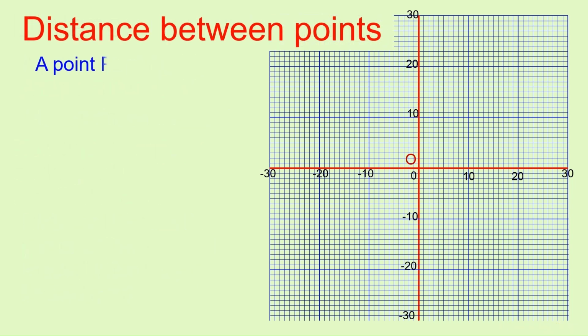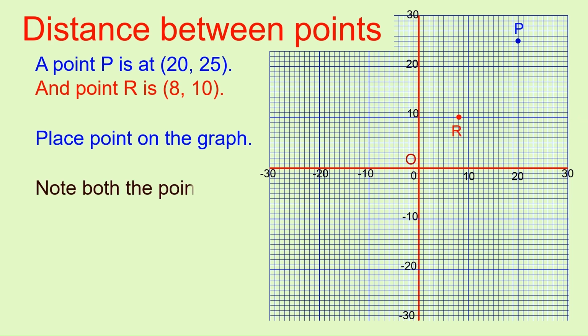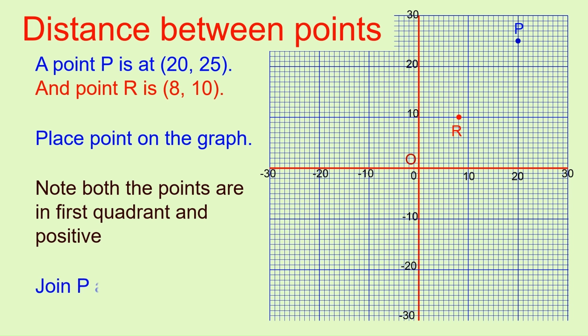Distance between 2 points. A point P is at 20, 25. And point R is 8, 10. Place point on the graph. Note both the points are in first quadrant and positive. Join P and R by a line.